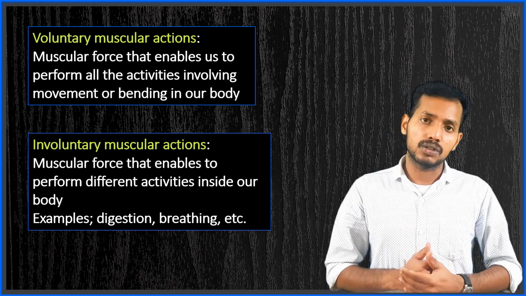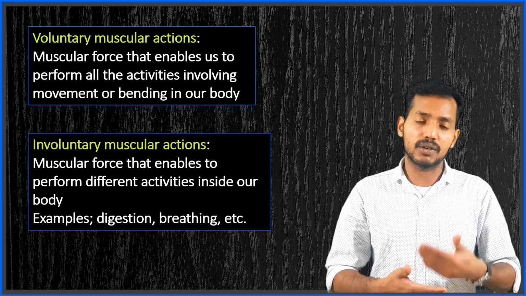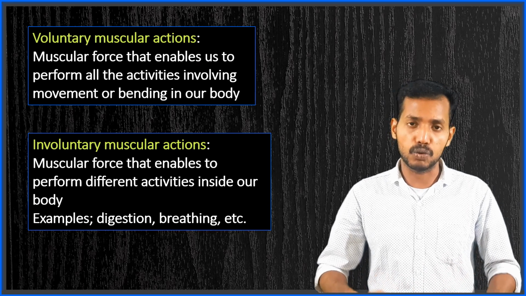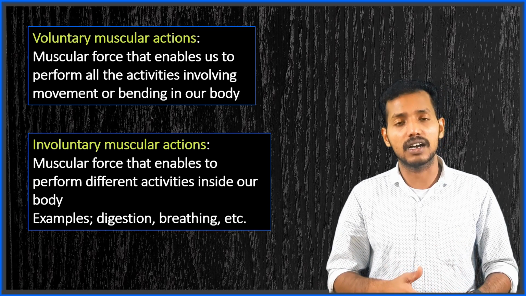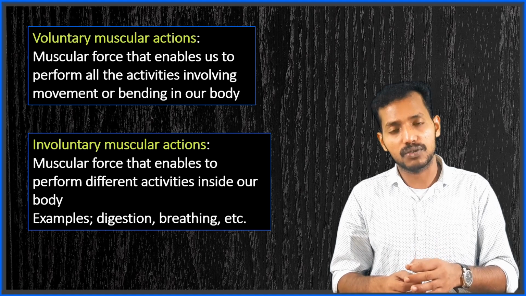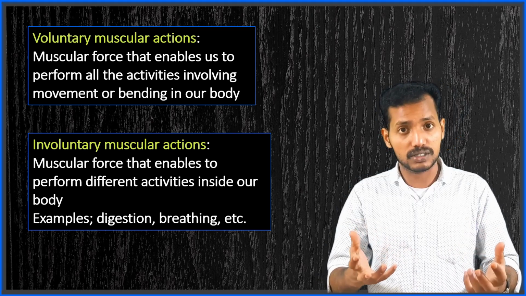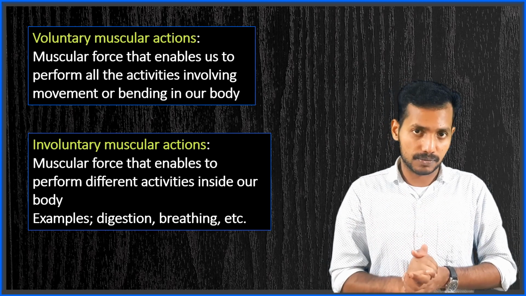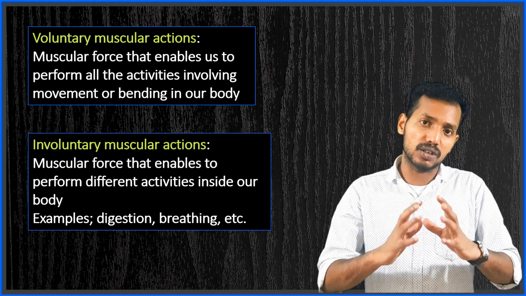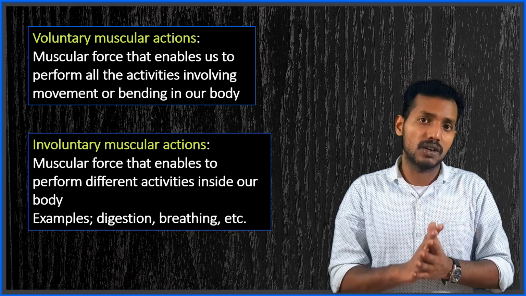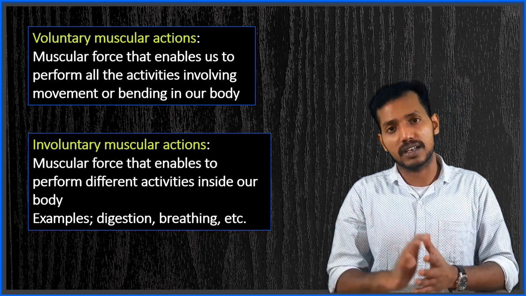All the activities which we do in our daily life, like walking, moving, running, are the result of the action of voluntary muscles. That means we can control the movements of those muscles. Such types of muscles are called voluntary muscles, and such actions are called voluntary muscular actions.